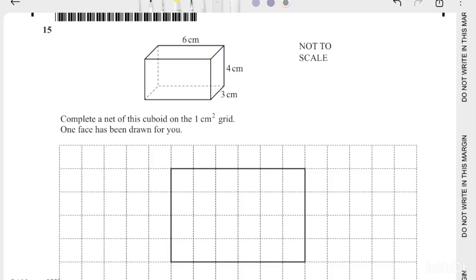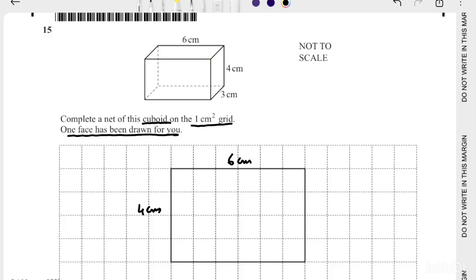Question number 15. Complete the net of this cuboid on the 1 centimeter square grid. One face has been drawn for you. So if you see, here this is 6 centimeter length, and the height is 4 centimeter, or width is 4 centimeter, and we have to draw the rest of the faces.